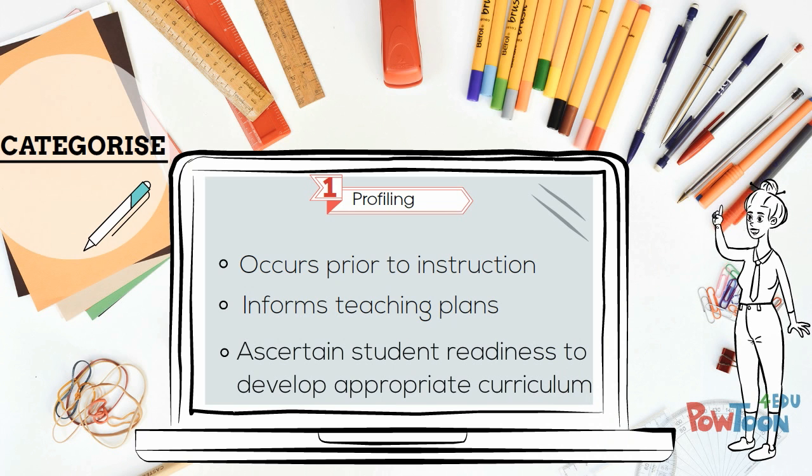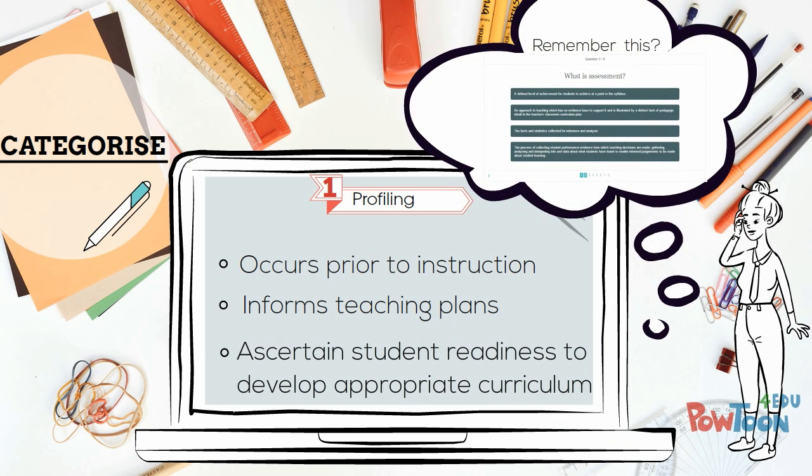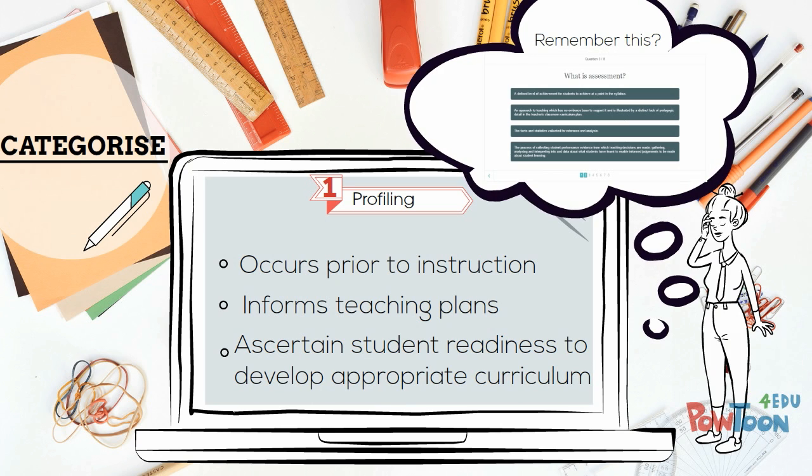So, remember the online quiz I asked you to complete at the beginning of this topic? That was a profiling assessment that I used to ascertain your current knowledge levels of this topic and thus inform my decision as to where I should begin teaching.